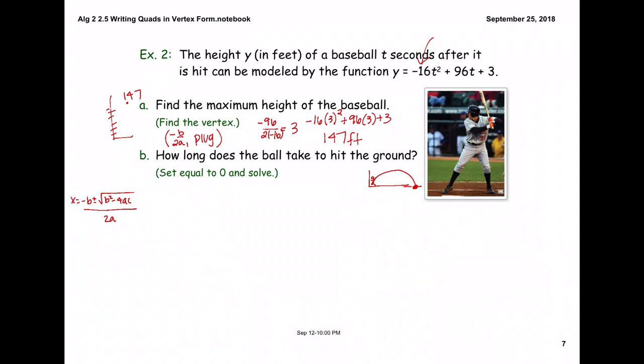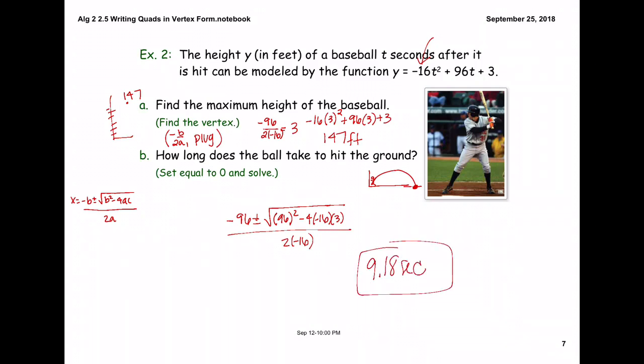So if you plug it into x equals negative b plus or minus the square root of b squared minus 4ac, all over 2a, and you simplify, you would get approximately 9.18. So it would take approximately 9.18 seconds for the ball to reach the ground. Don't forget to label both of your answers.